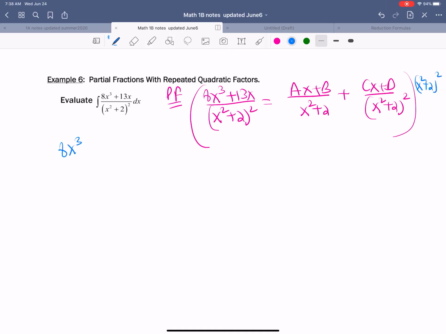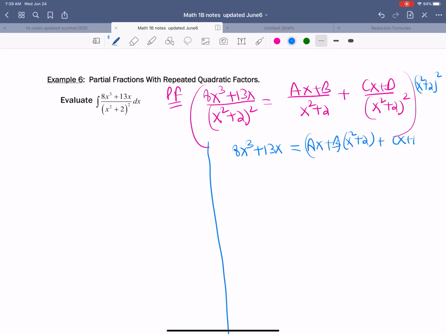I am left with 8x cubed plus 13x. Maybe I'm just going to do it on the side here. 8x cubed plus 13x equal to ax plus b times x squared plus 2 plus cx plus d, because the denominators will cancel with that.